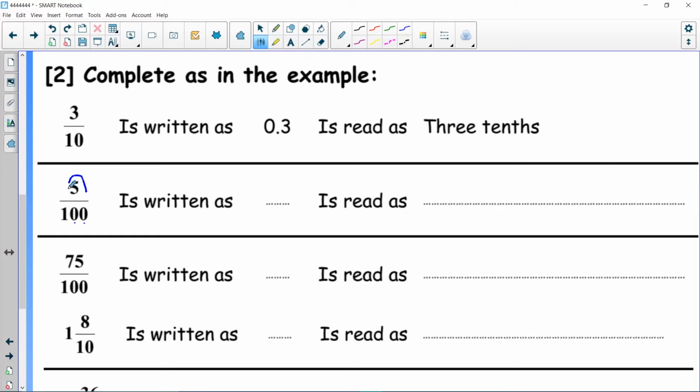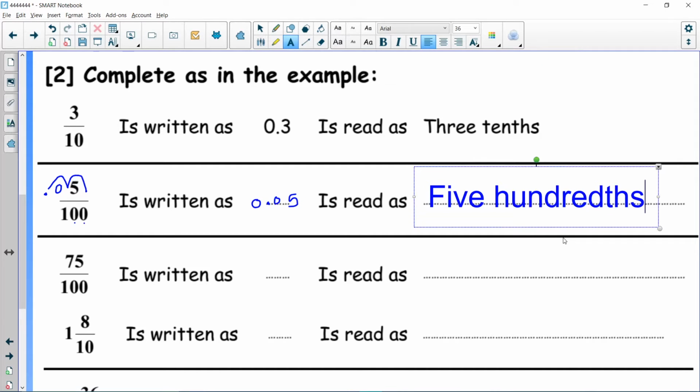Can I leave this place without zeros? No, I will put 0 here, and this is the new decimal point. Then we will write it as 0.05. Is there a whole number? No. Then write here 0.